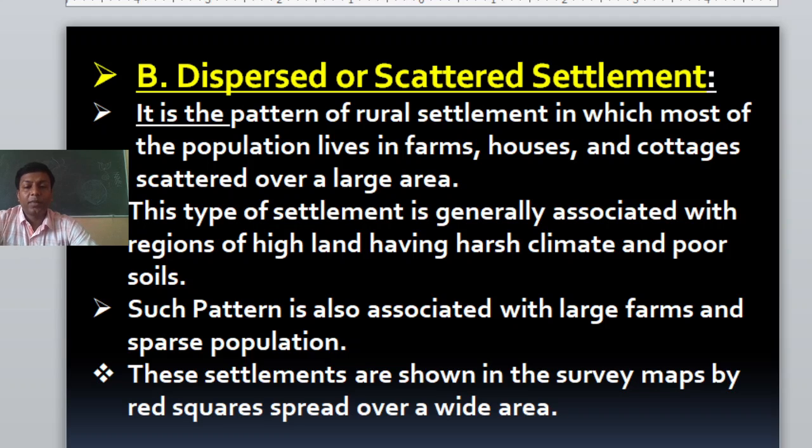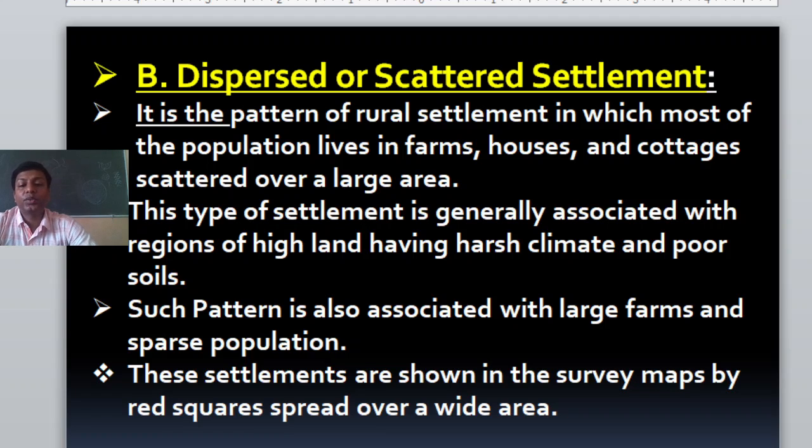This type of settlement is generally associated with highland regions having harsh or poor climate, that means mountain areas, and desert areas with harsh climatic conditions. Such a pattern is associated with large farms and sparse population. Population density in this area will definitely be very low.